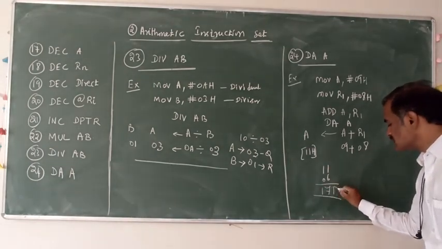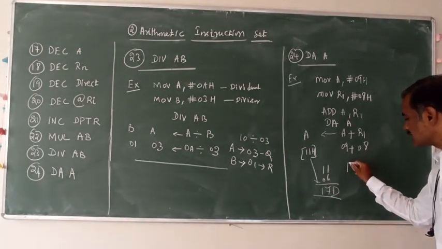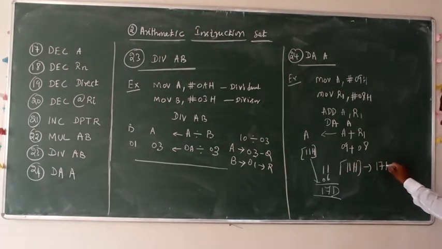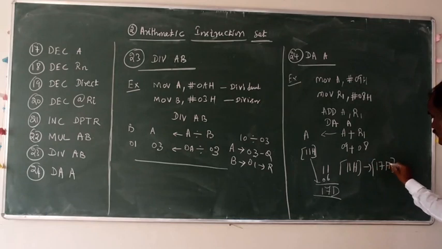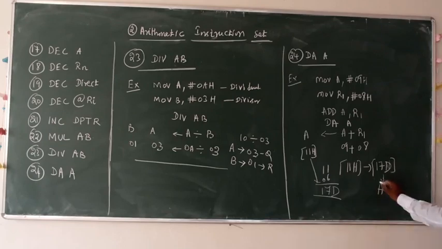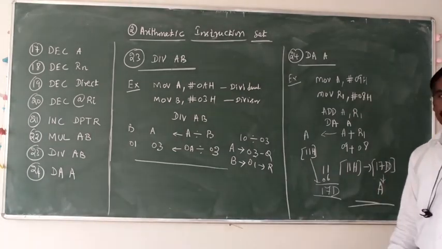Now this is the decimal result. Hexadecimal value 11 and corresponding decimal value 17. Okay, this result is available only in the accumulator itself.